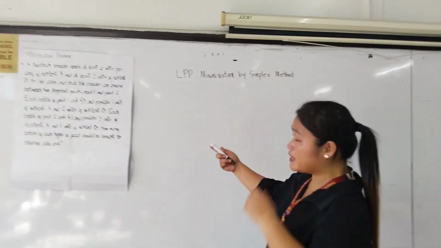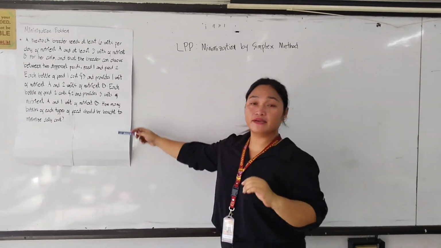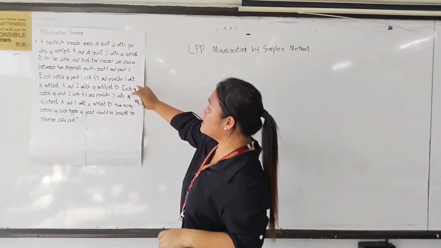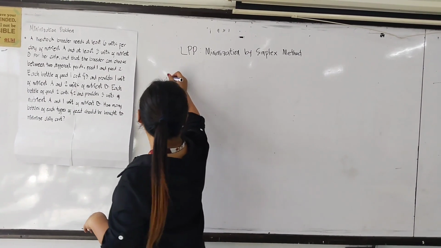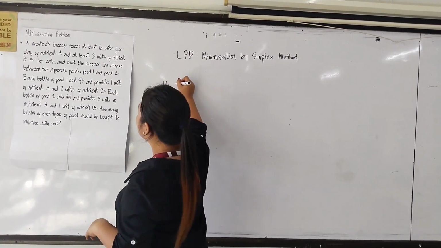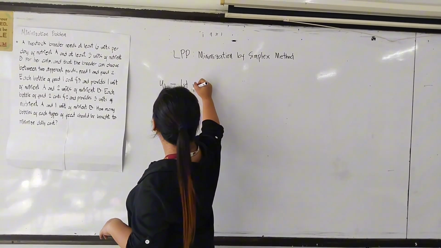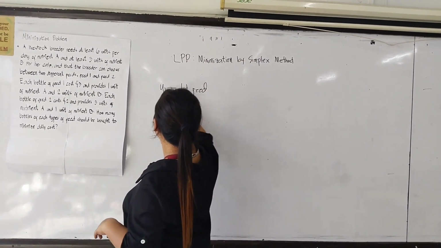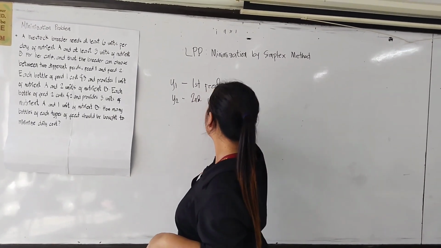So in this problem, we need to see first our variables. Our variables here are the cost. So let y1 be the first feed, then y2 is the second feed.